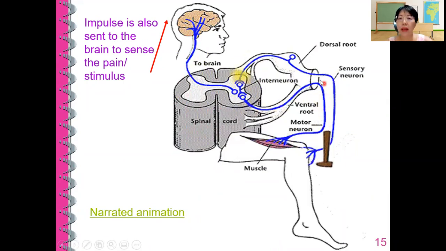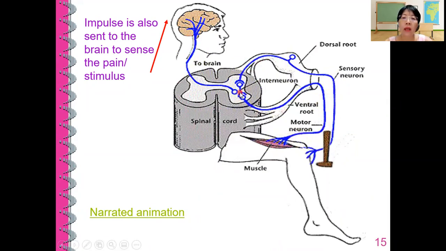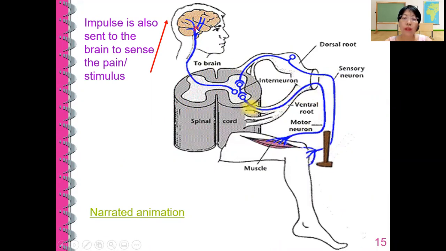While it is being sent along here to the interneuron, it is also sent to the brain. Your brain interprets it and tells you that something is hitting the kneecap, because the electrical impulse starts from here.